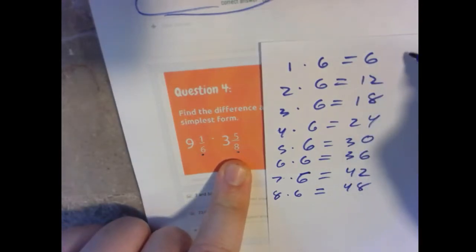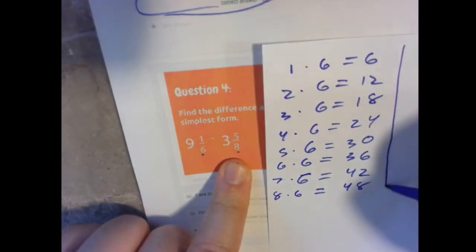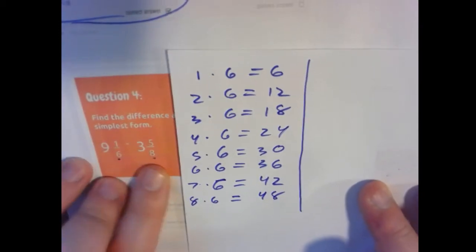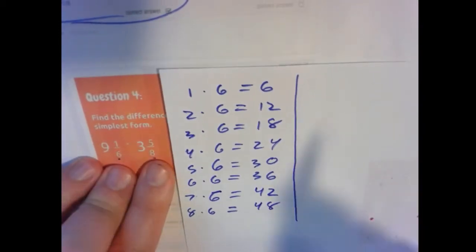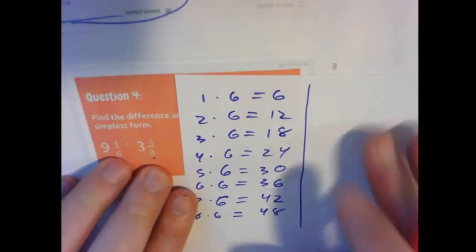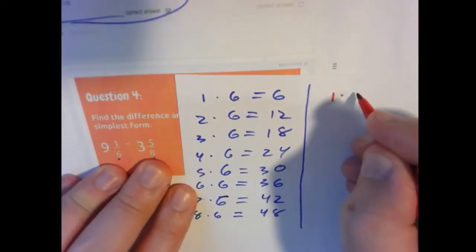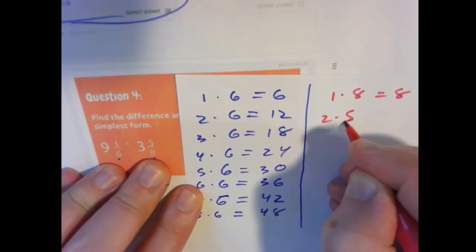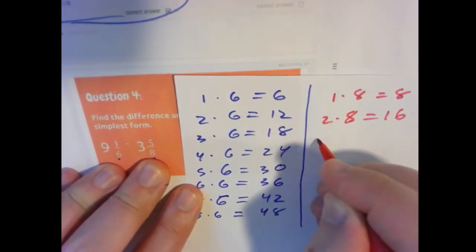So let's see how we're doing here. So this is our 6's multiples, and we're going to see if we can find the least common multiple of 6 and 8. You've probably found it already. I just wanted to show you how you can make the table if you ever get lost. Okay, so now we're going to do 8's. So 1 times 8 is 8. 2 times 8, 16.